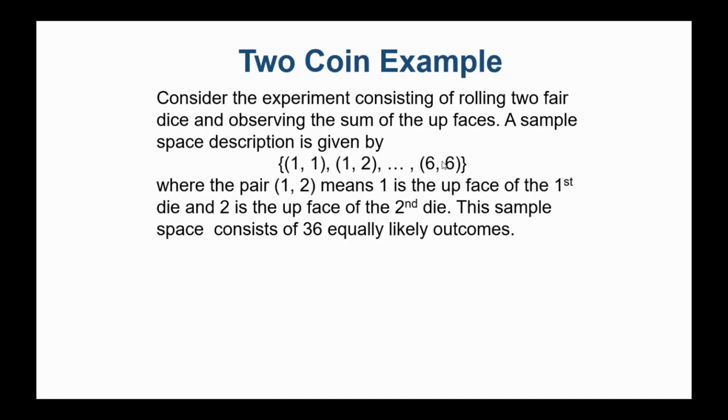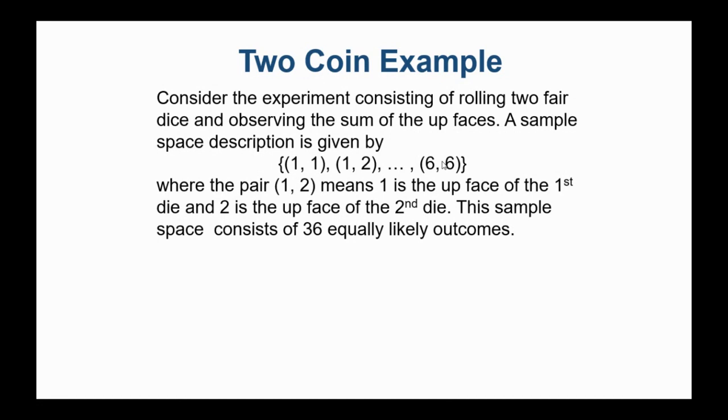We could roll a 1 and a 1, a 1 and a 2, 1 and 3, 1 and 4, all the way to a 6 and 6. So the pair 1, 2 means that 1 is what was on the first die, 2 was on the second die.